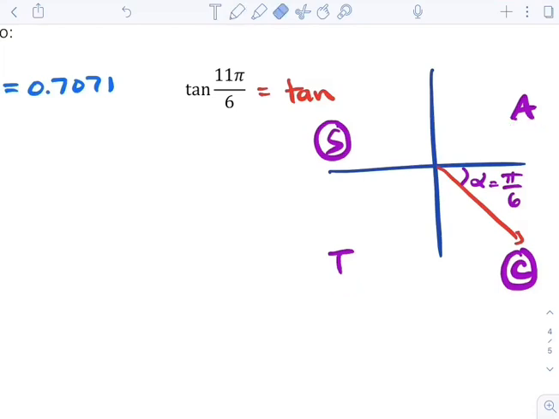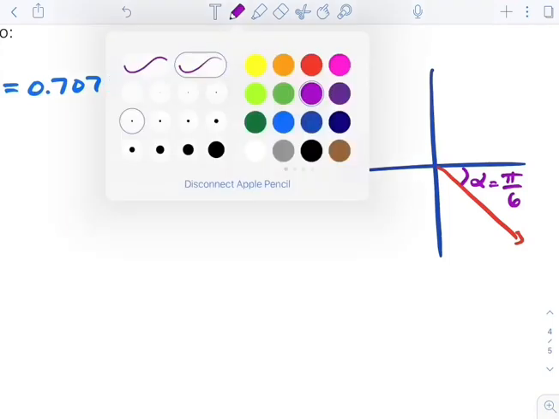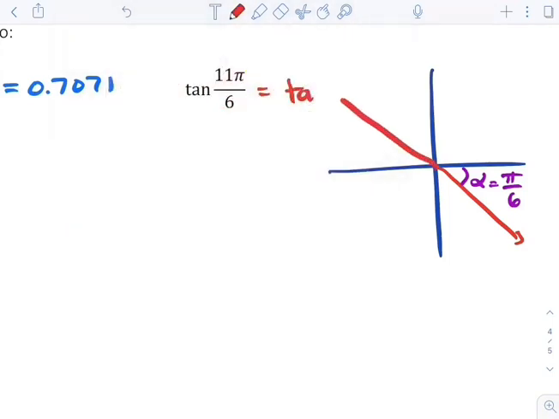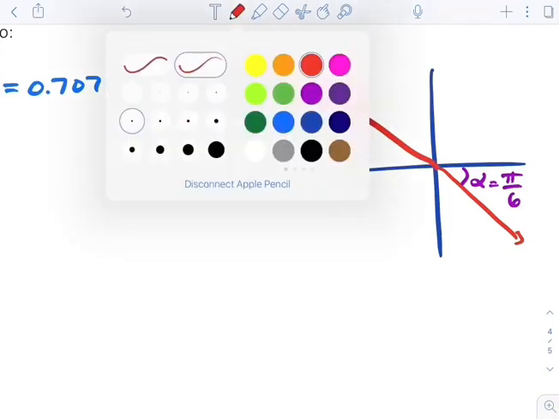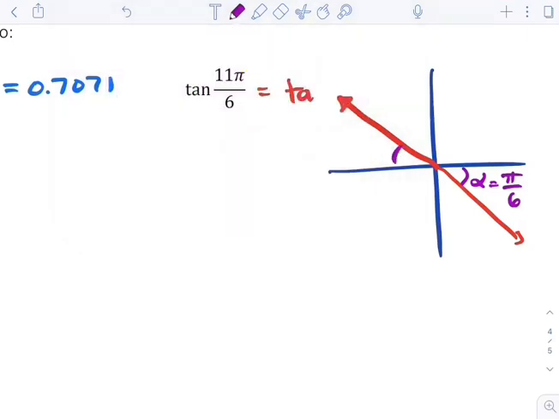So I'm going to draw a terminal arm in that 2nd quadrant with the same related acute angle. Remember, the related acute angle is always with the x-axis, so pi over 6. So our equivalent expression must have a related acute angle of pi over 6. Let's figure out what that's going to be. That's our green one. It starts here and comes around.